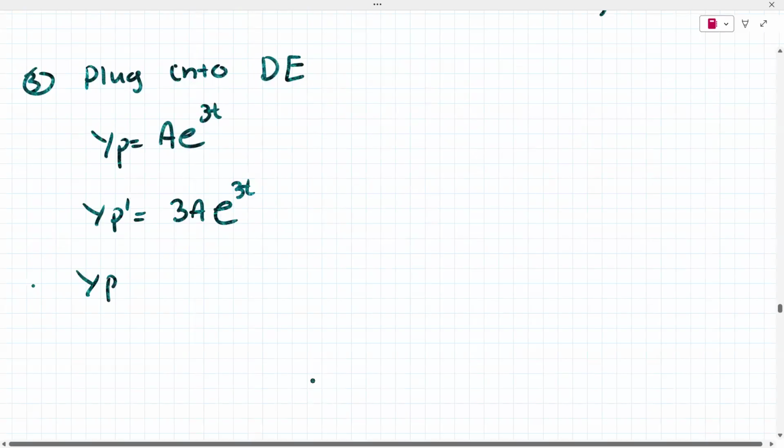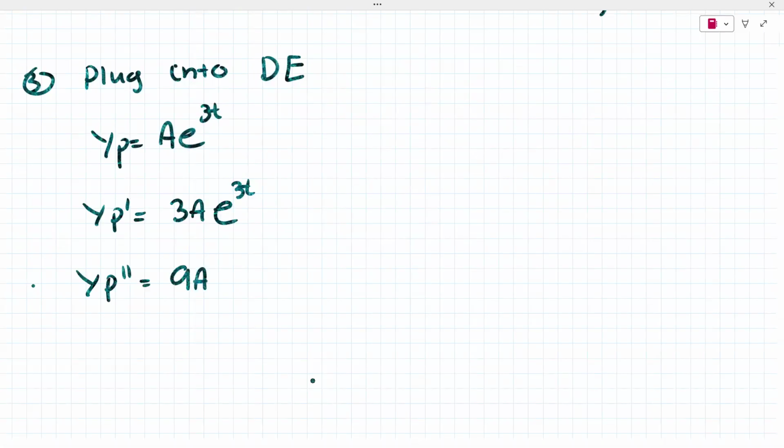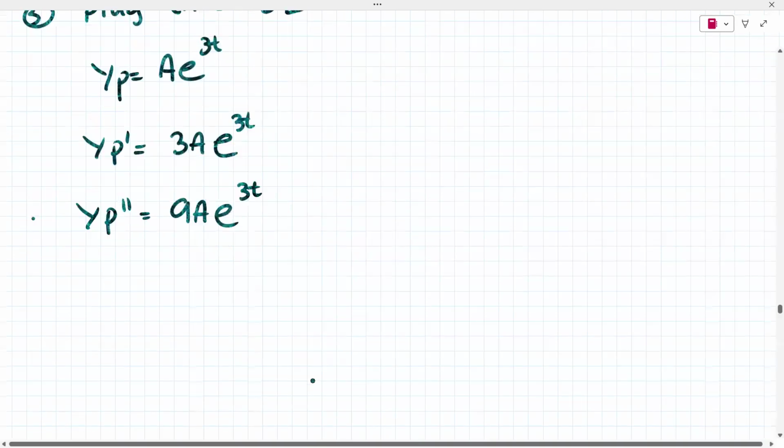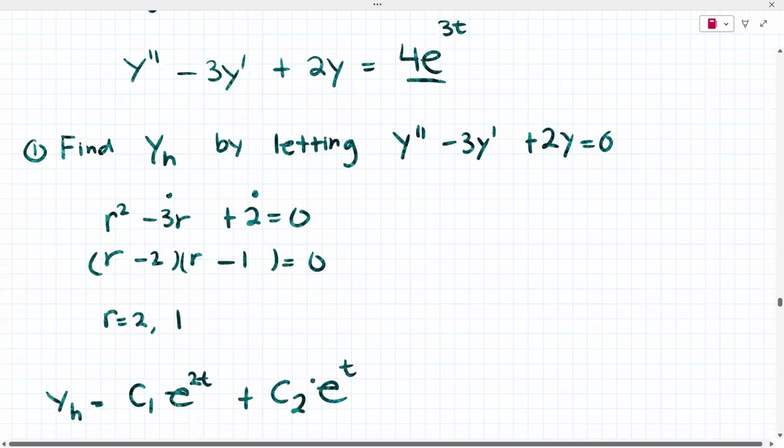My yp double prime is 9ae to the 3t. So plug it into your differential equation. So here's our differential equation right here.